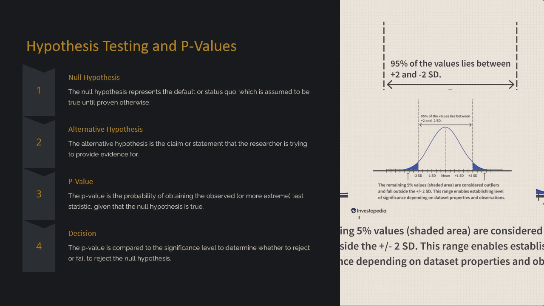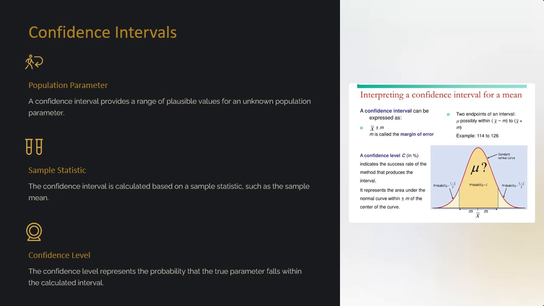P-value. The p-value is the probability of obtaining the observed or more extreme test statistic given that the null hypothesis is true. Decision. The p-value is compared to the significance level to determine whether to reject or fail to reject the null hypothesis.